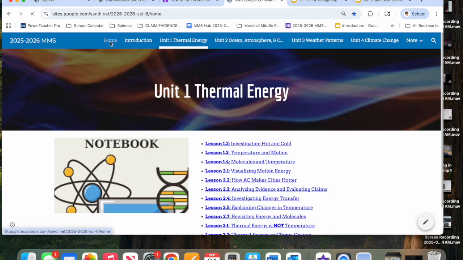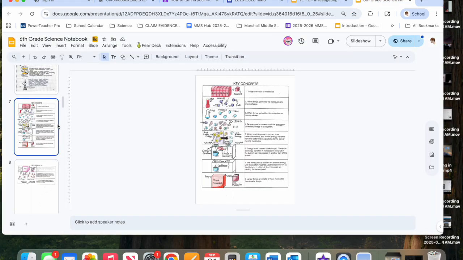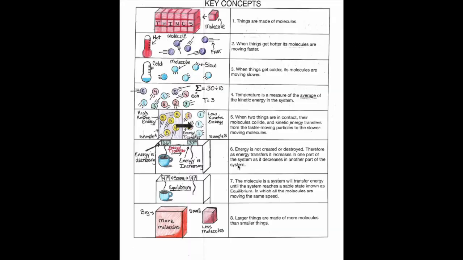And so if we go back to our science notebook and we open that up and we look at those key concepts, students are going to use these key concepts to explain, number one, how we can heat the school up, because the molecules are transferring energy in the system until the system reaches equilibrium, which is the air temperature in the school and the water temperature in the pipes.